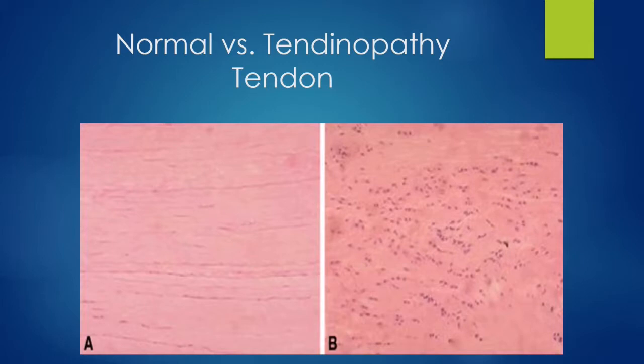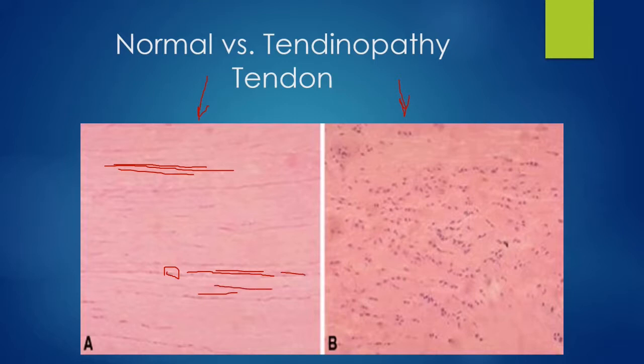So here is a cross-section of normal tendon on the left, degenerative tendon on the right. And you can see under the microscope that a normal healthy tendon has a parallel and organized arrangement of the collagen fibers. The tenocyte nuclei are spindle-shaped or ovoid and are aligned parallel and in regular fashion.